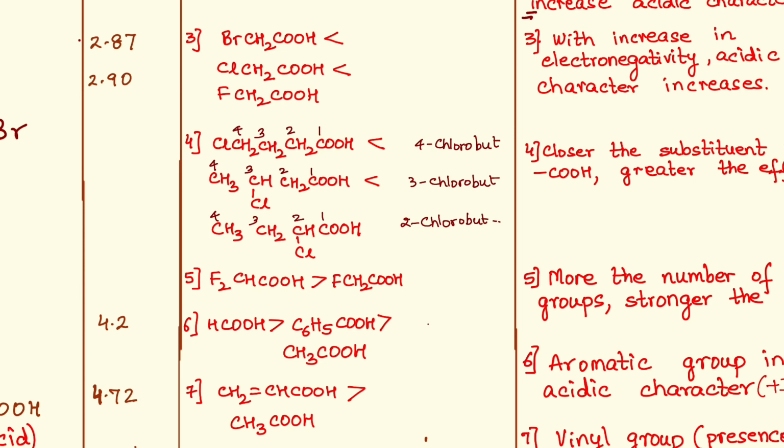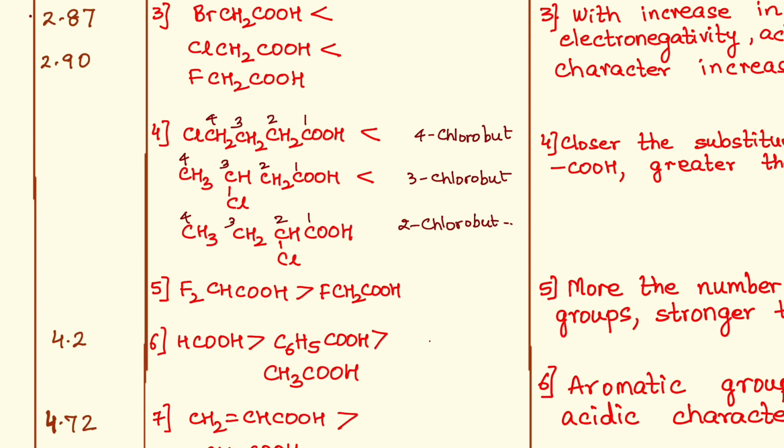We observe that 2-chlorobutanoic acid is more acidic than 3-chloro, which in turn is more acidic than 4-chloro. Meaning to say, closer is the electronegative atom or group to the COOH group, greater is the effect on the acidic character.